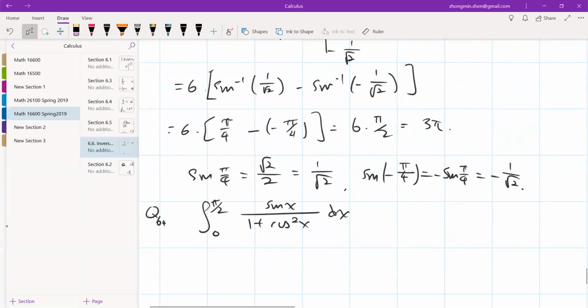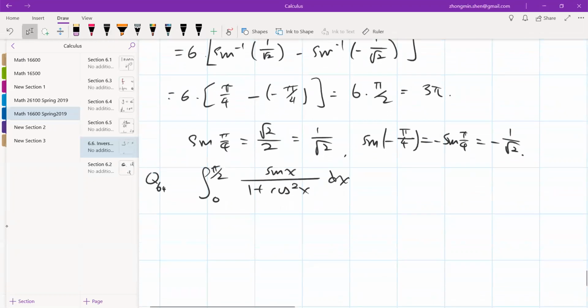Right, so sine x over cosine. To solve this problem, I think we should use substitution. We let u be cosine x.